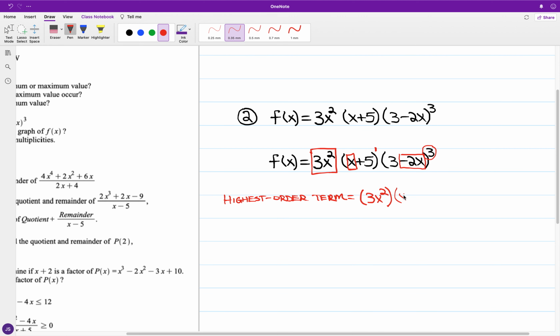I'll just stress this again. You have x to the first, and then for 3 minus 2x to the third, the highest order term is negative 2x, and that is going to be cubed.